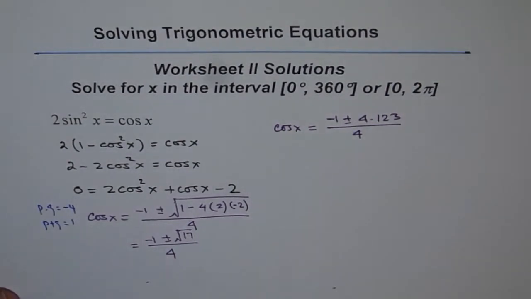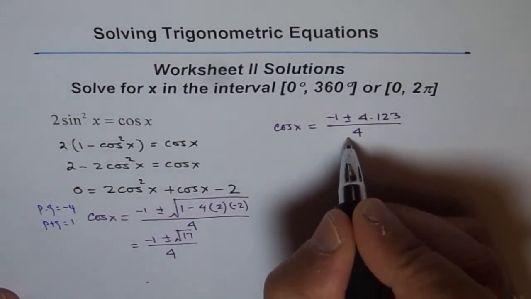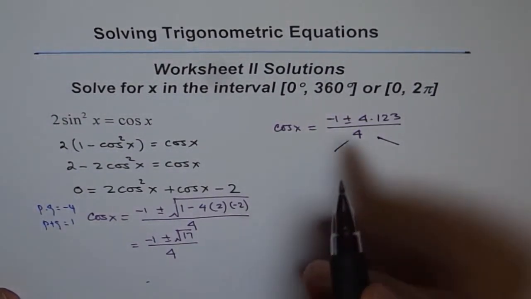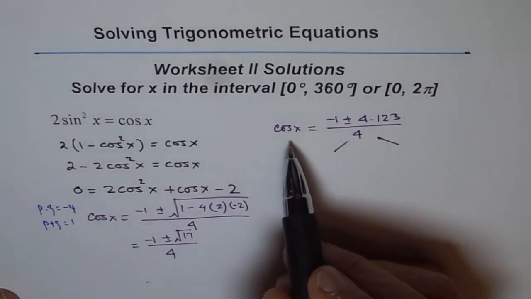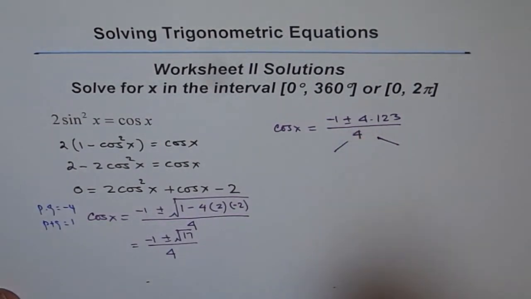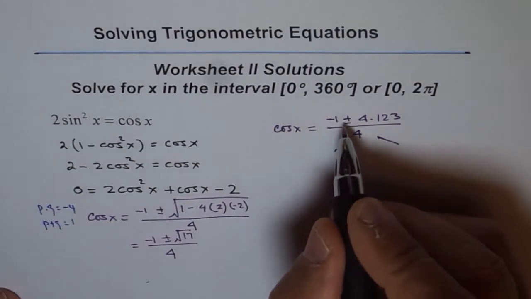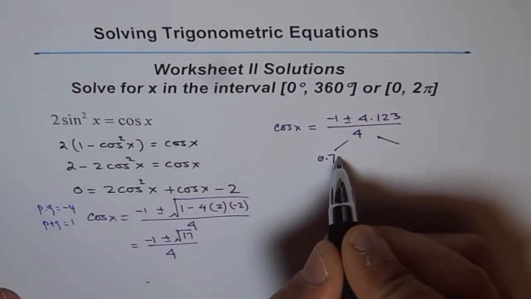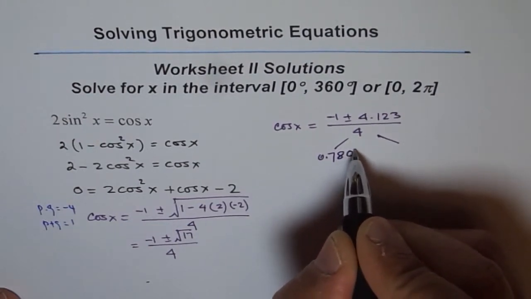So let's figure out what these solutions are. One of them will be more than, you remember cos x cannot be more than 1, right? So remember that part. So we have minus 1 plus 4.123 divided by 4, which is 0.7807, right?